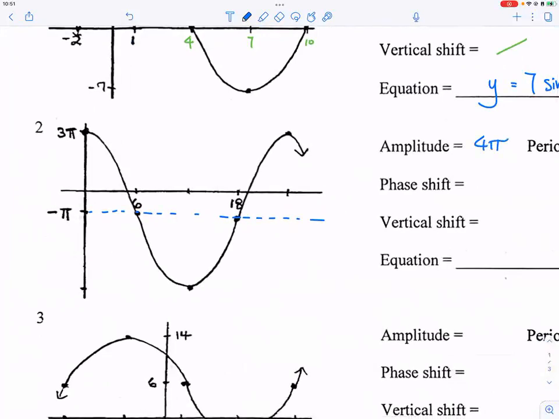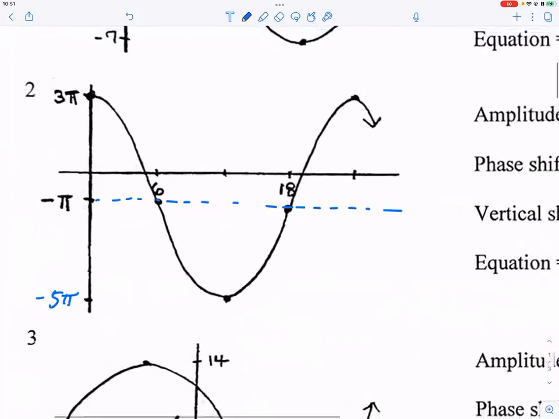Therefore, the y value right here should be -5 pi. Go down 4 pi units. And what are the missing x values? If this is 6 over here and 18 over there, the midpoint must be 12. So the last point must be 24.